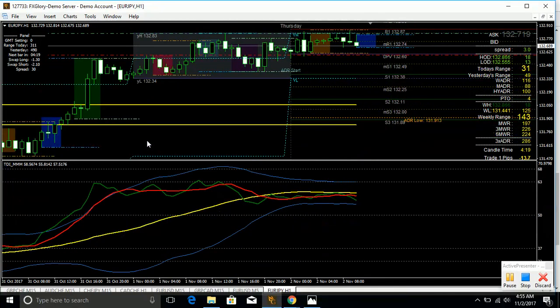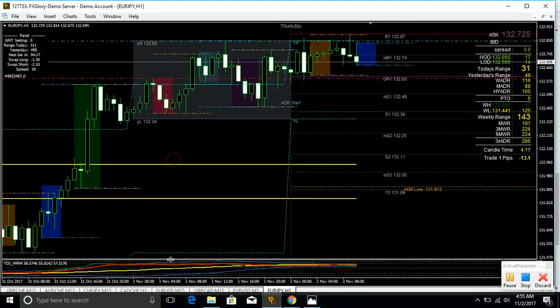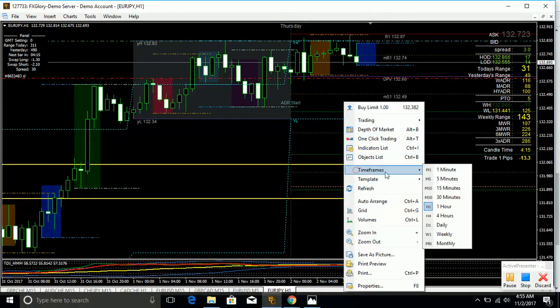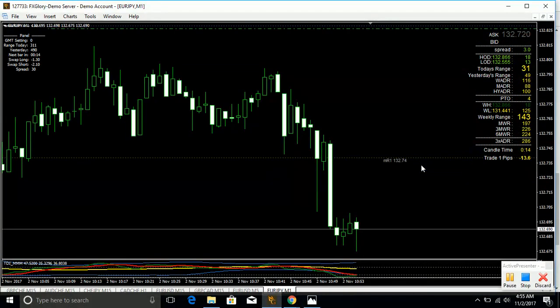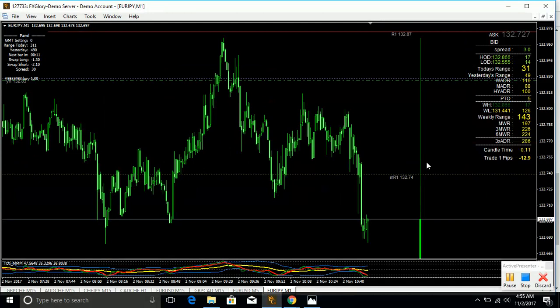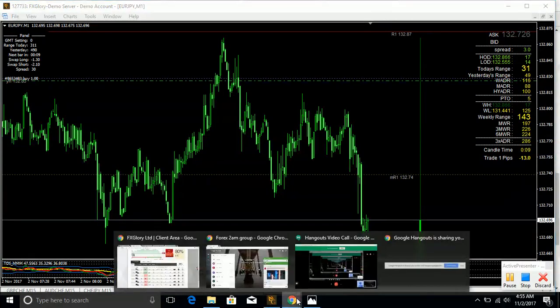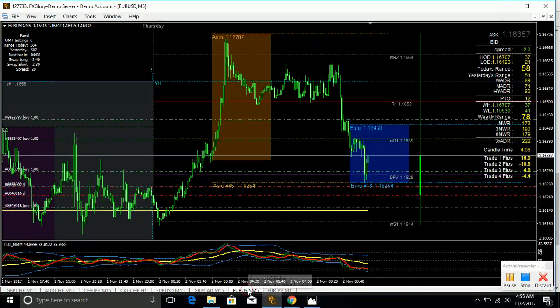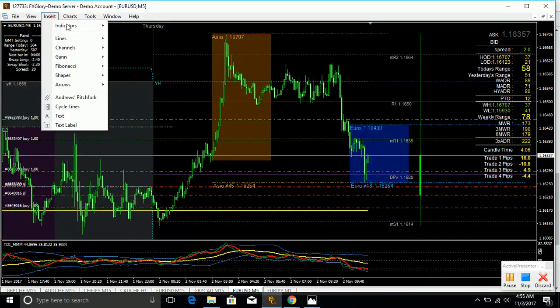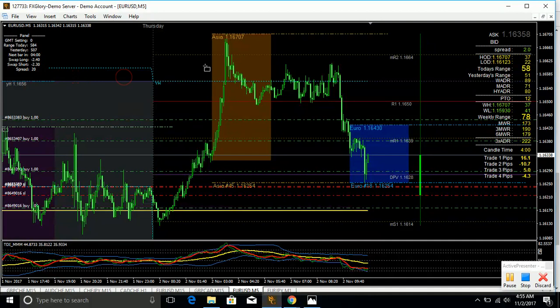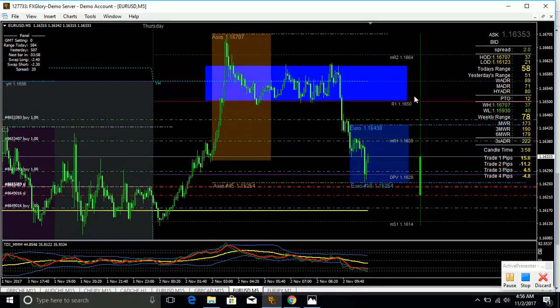Because based on this pattern structure, we definitely shouldn't be going down. Okay, there we go. Now this Euro USD is definitely gonna make its bounce up. The way we consolidated here at this high, it just tells me, hey, I'm coming back for you.